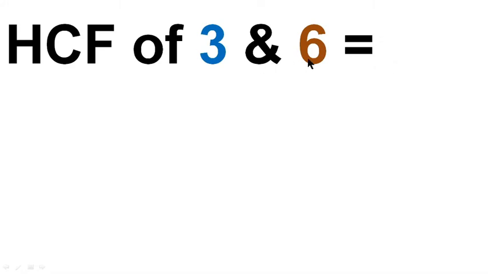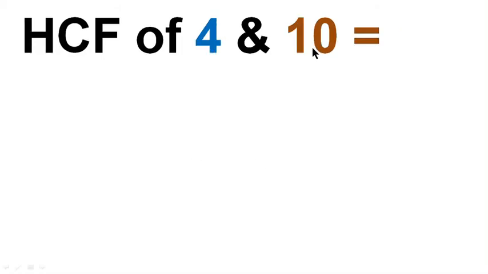Here 3 and 6, the smaller is 3 and 6 is divisible by 3, so our highest common factor is 3. Here 4 and 10, 4 is smaller, but 10 is not divisible by 4, so we will take a smaller number than 4, and 3 is smaller than 4, but 10 is not divisible by 3, so we will take 2. If we divide 10 by 2, it is divisible, so our highest common factor is 2.